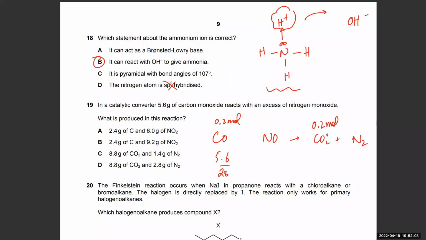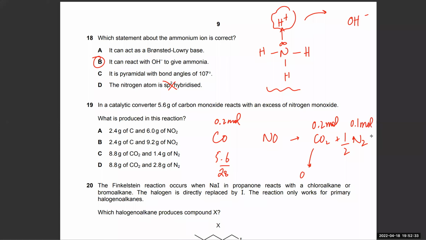You need to balance this equation. I can just balance it by writing half over here. That's 2 oxygens, 1 carbon, and there is half N2. So now it's balanced. So the amount of moles of N2 would be half of that, that's going to be 0.1 moles, right? And you have to find the mass now.